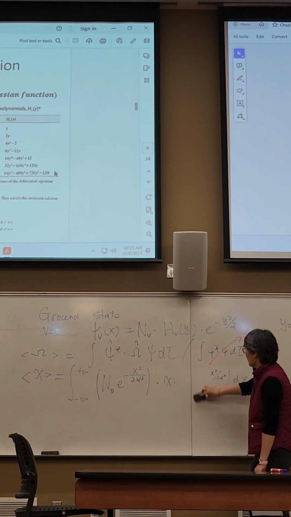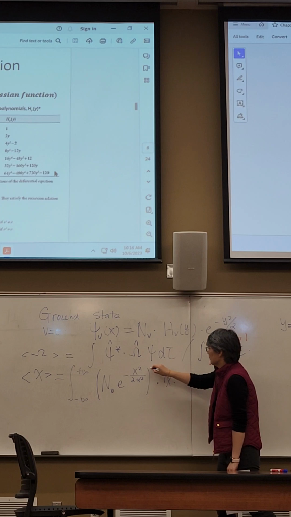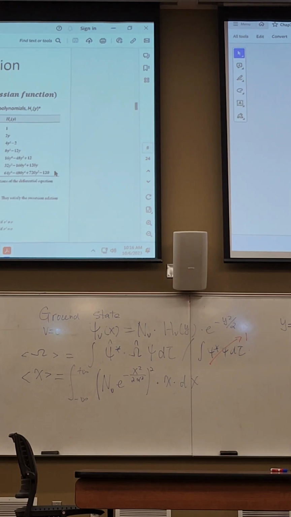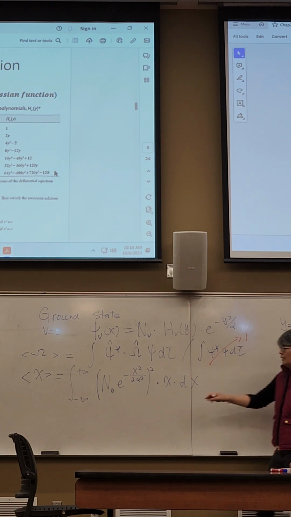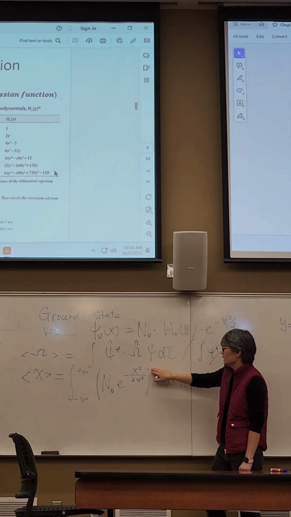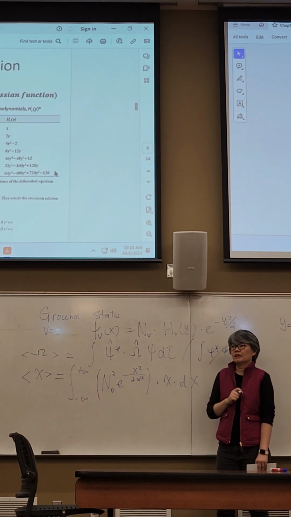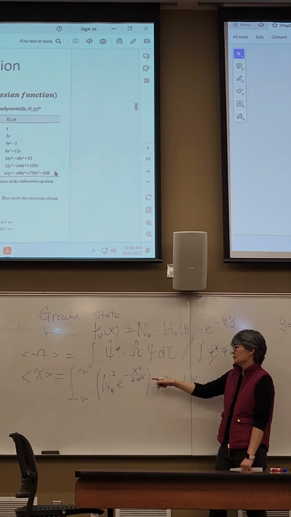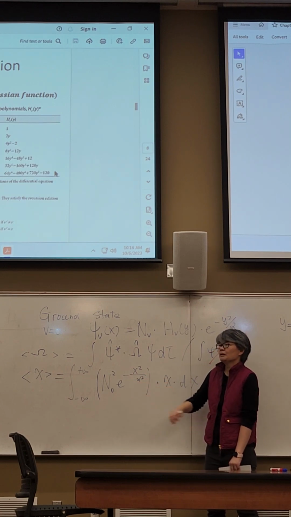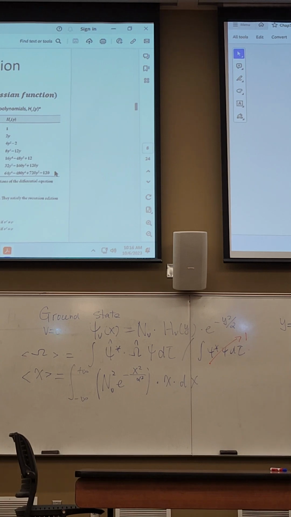So therefore it will become squared. Do you guys agree with that? Okay. If it's a square, it's a product of 2. So therefore it will be the square of the constant. Then you have an operator acting onto this e function. Then the 2 will vanish. It's just algebra right now.